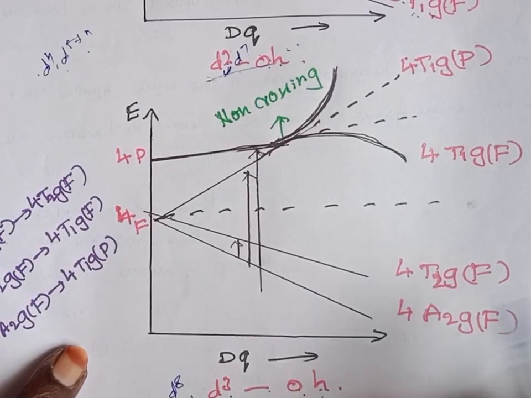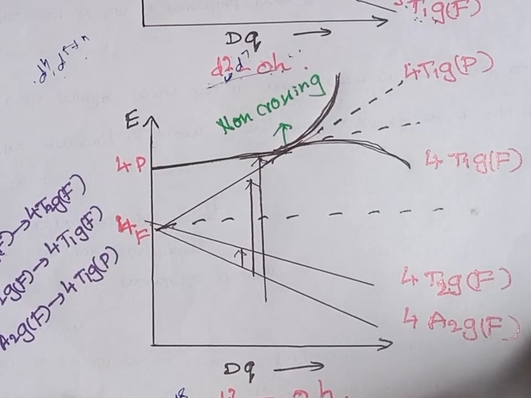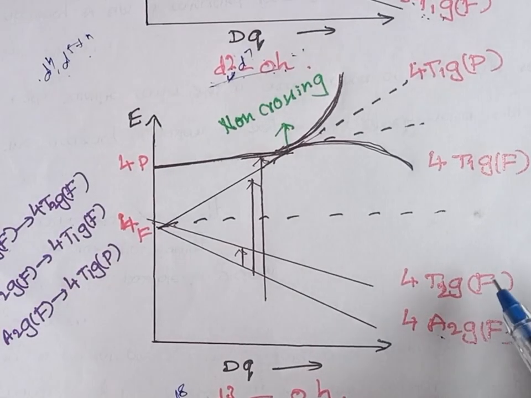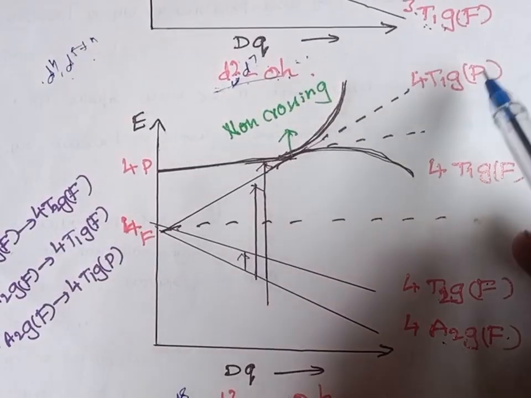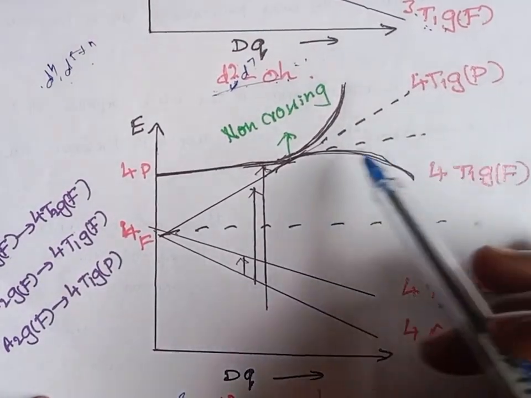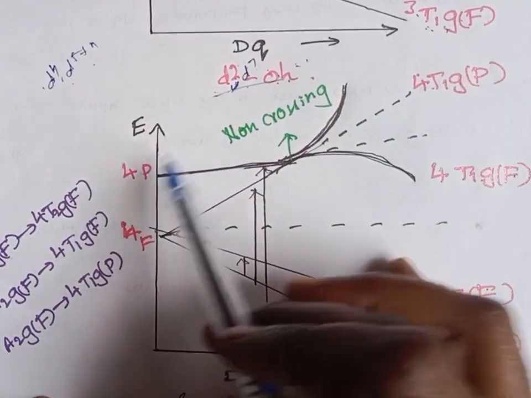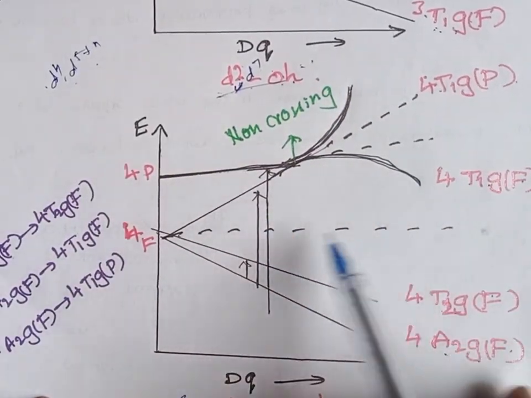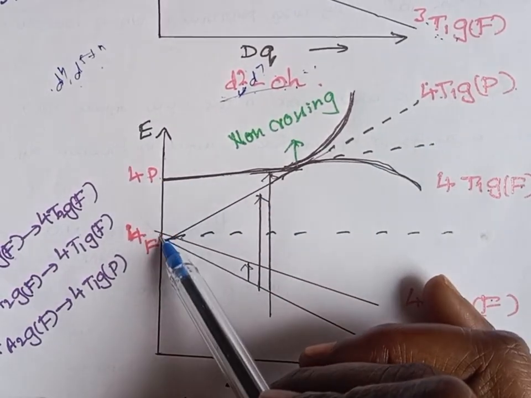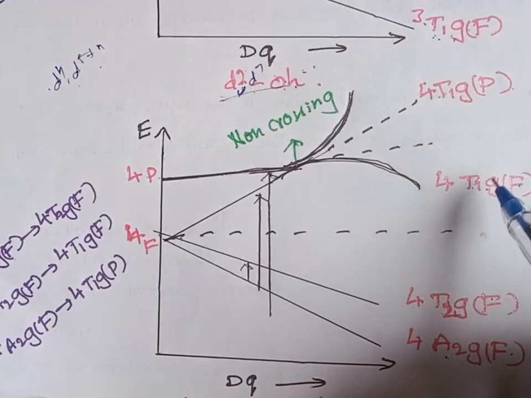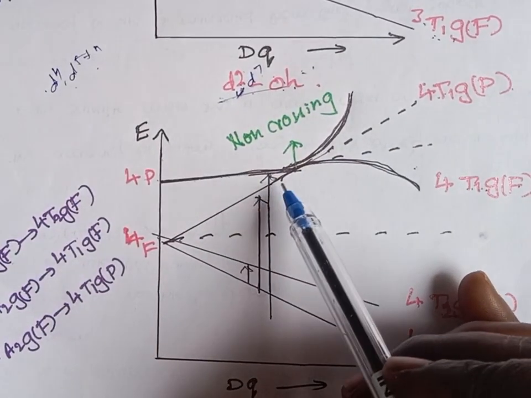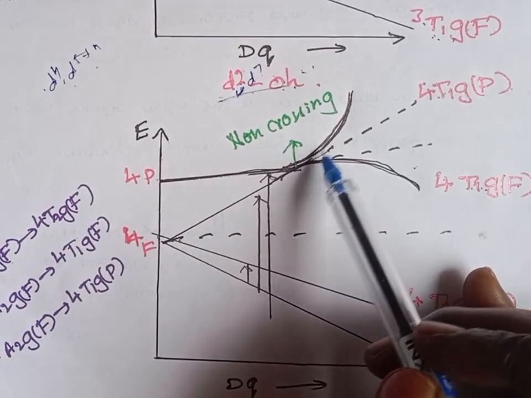So in the D8 octahedral configuration, the lowest energy level is A2GF, the next is T2GF, and the higher energy level is 4T1GF, and this energy level is from 4P. Here one thing to be noted: when the energy levels of different terms with the same symmetry, T1G and T1G, approach together, non-crossing takes place.